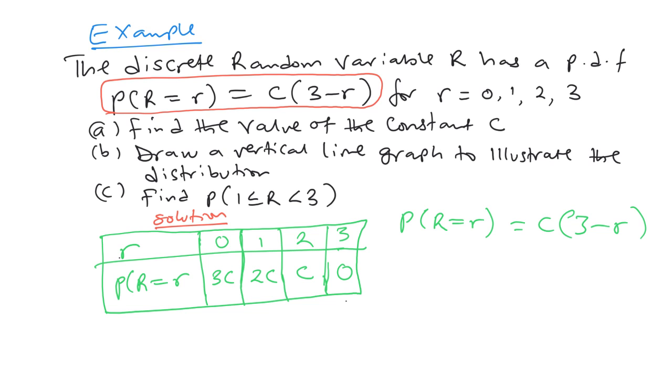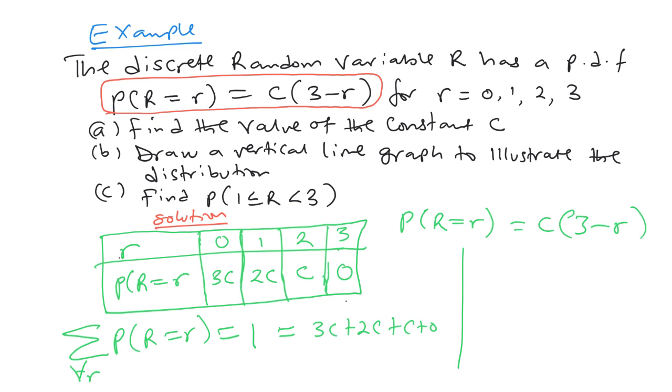So how do we find C? We know the summation of the probabilities of R equal to r for all values of r gives us 1. So you sum. What do you get? 3C plus 2C plus C plus 0.